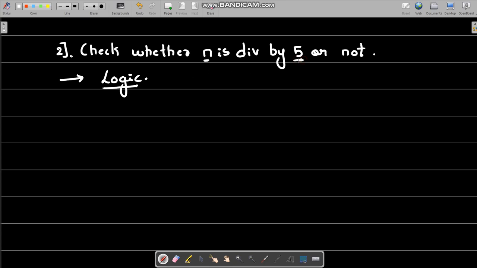When a number is divisible by 5, let us suppose that n is equal to 25, which is divisible by 5. What makes 25 divisible by 5?